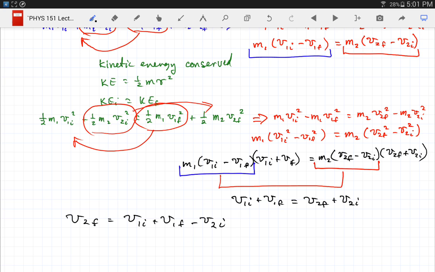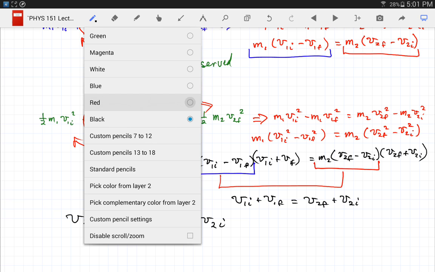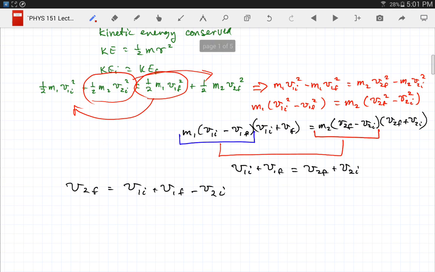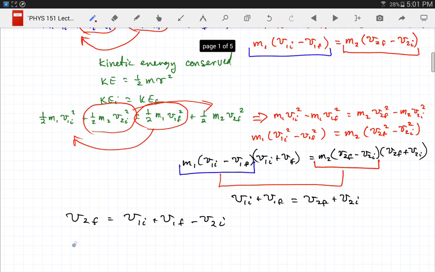Now I'm going to substitute that equation into my conservation of momentum equation. So I will have M1 times (V1 initial minus V1 final) equals M2 times, and now for V2 final I put in everything that's above, so (V1 initial plus V1 final minus V2 initial) minus V2 initial.